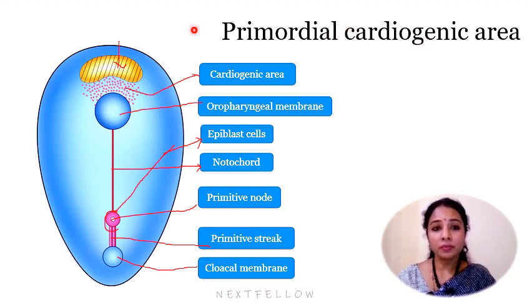So between the septum transversum, this yellow one, and here the procaudal plate or oropharyngeal membrane, the part between them forms the cardiogenic area. The part of intraembryonic coelom overlying this area forms the pericardial cavity, and the splanchnopleuric mesoderm underneath the pericardial cavity forms the heart tube.